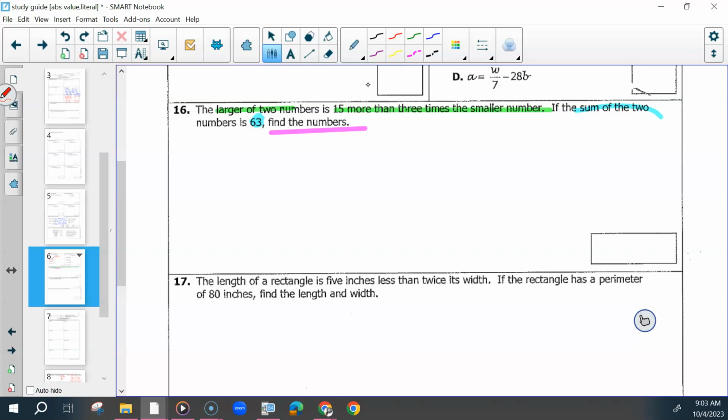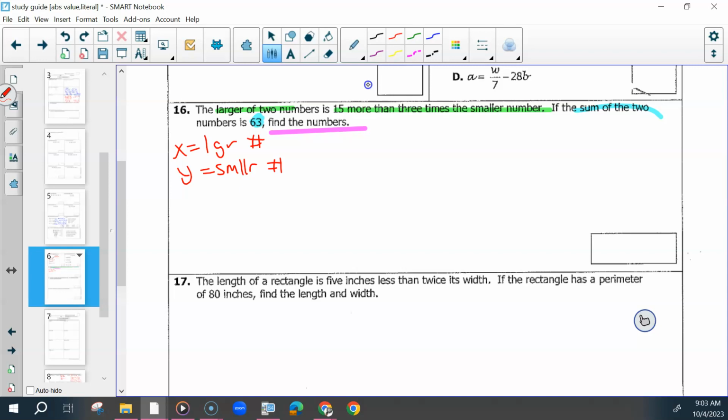So you can call them two different variables. You can call them L and S. I'll let you choose. I'm going to say X is the larger number and Y is the smaller. Just so we have definitions for them.